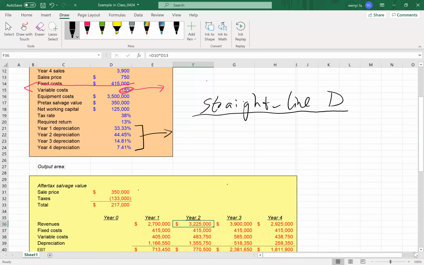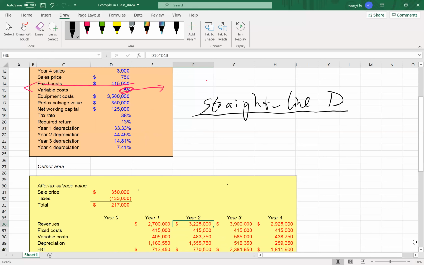But in this question, we have the MACRS, modified accelerated cost recovery depreciation method. You can get a 4 year percentage table for depreciation from the IRS, with the percentages for the different years.